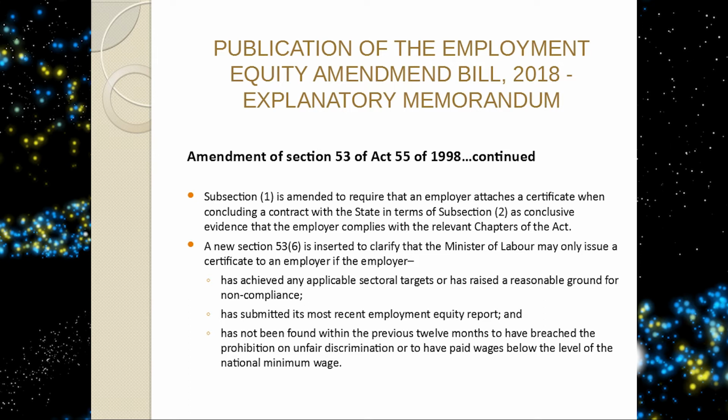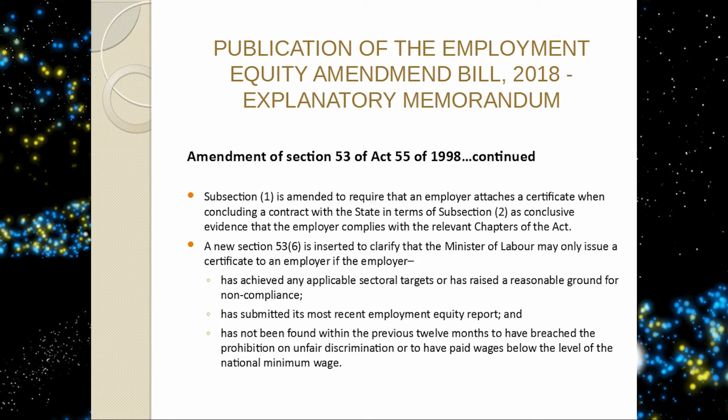A new section is inserted to clarify the Minister of Labour may only issue, remember, may only issue a certificate to an employer if that employer, number 1, has achieved the applicable sectoral targets or has raised reasonable grounds for non-compliance.